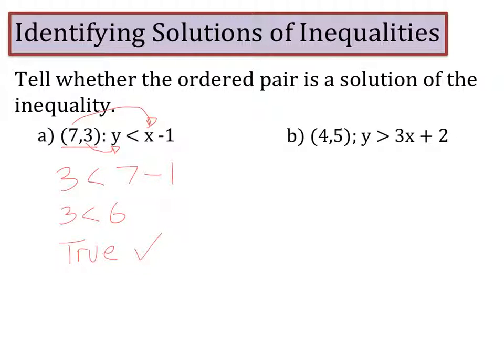Let's try example B. For example B, we have 4 comma 5 for the inequality y is greater than 3x plus 2. So same idea. We take the value of 4 and plug it in for x, and take the value of 5 and plug it in for y. So that leaves us with 5 is greater than 3 times 4 plus 2.